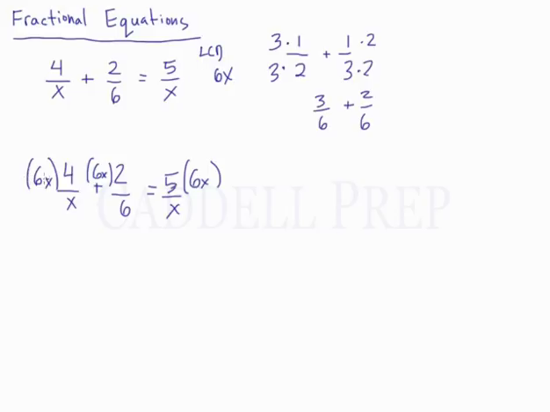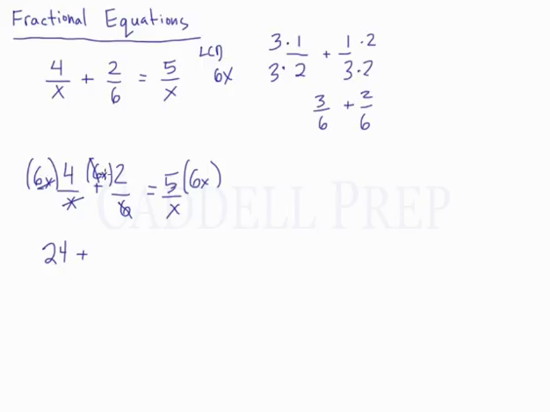So here we have 6 times x times 4. The x's cancel out. So we just have 6 times 4, which is 24. In the second term, we have 6 times x times 2 divided by 6. Here the 6's cancel out.